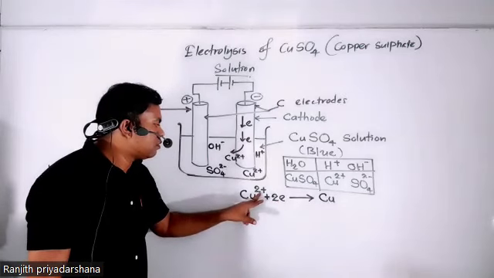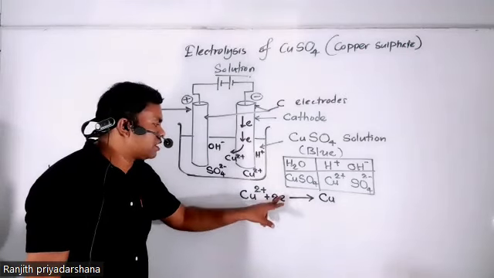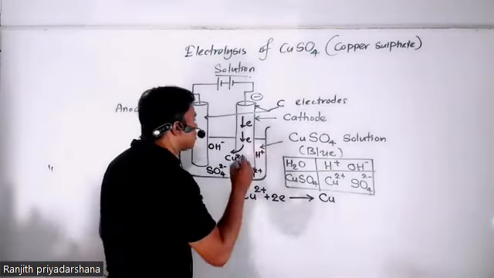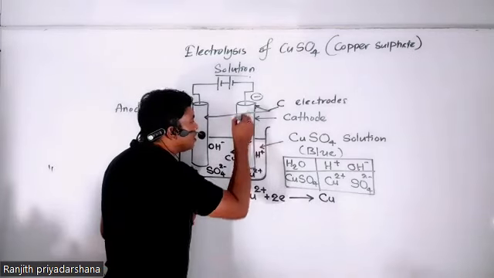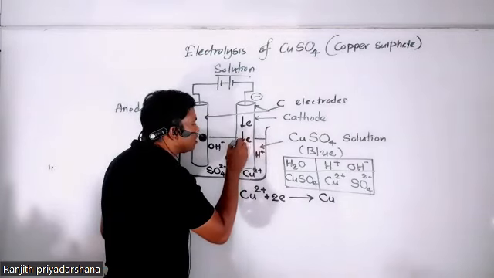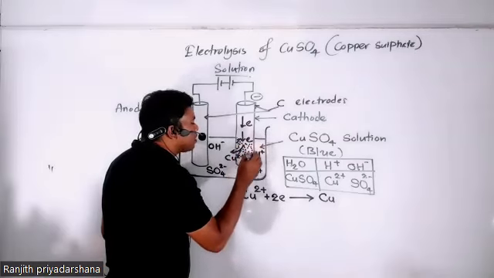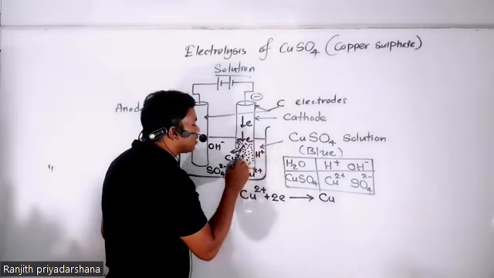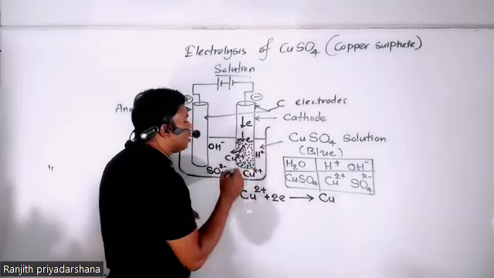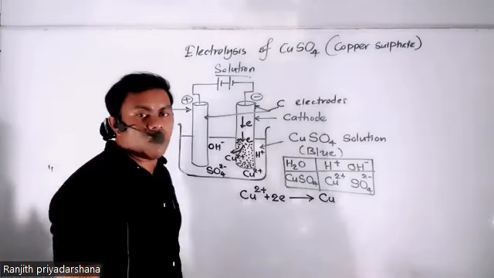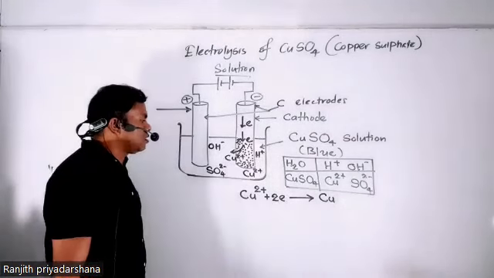So the two positive charges are neutralized by two negative electrons. So the produced copper atoms start to deposit. Copper starts to deposit in the part where the solution is. It starts to deposit just like plating this metal with copper. So we can see the plating of copper on this cathode.